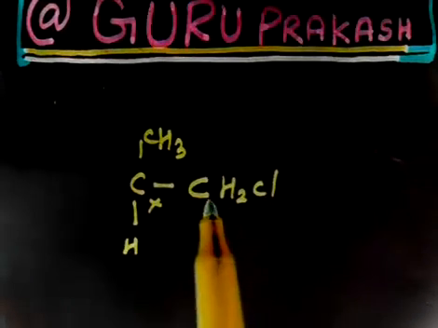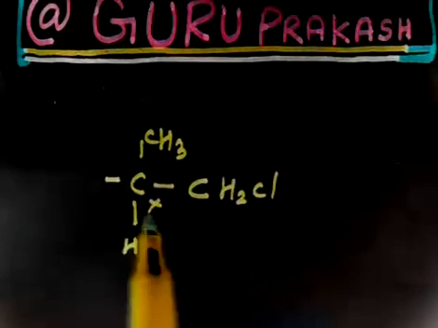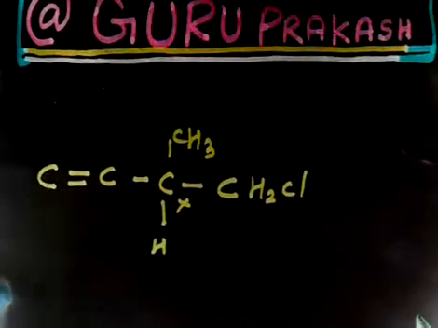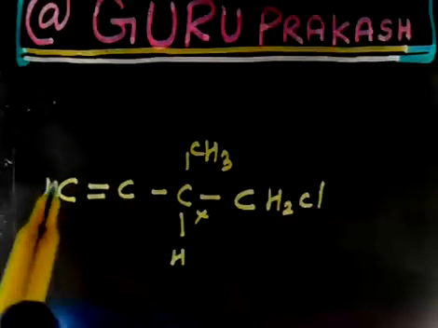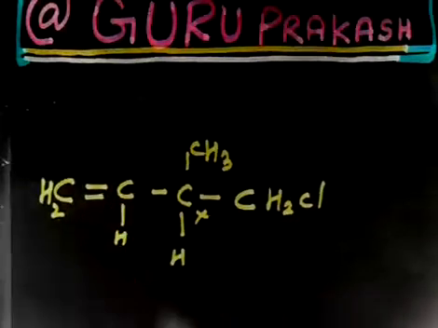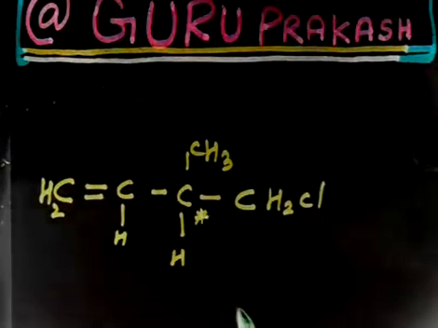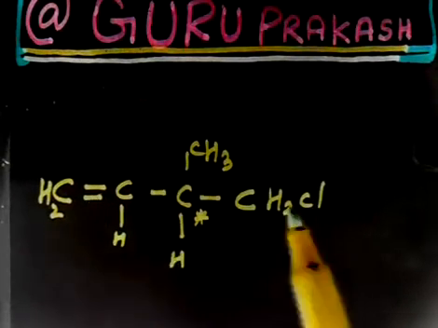So you need 5 carbons, 1, 2, 3. We have already engaged 3 carbons. Now we need 2 carbons. So let us put something like this, that is CH2CH. Now this carbon is still a chiral carbon because it contains 4 different groups.